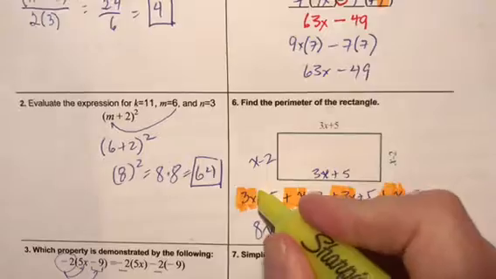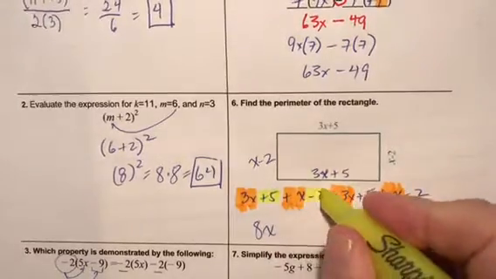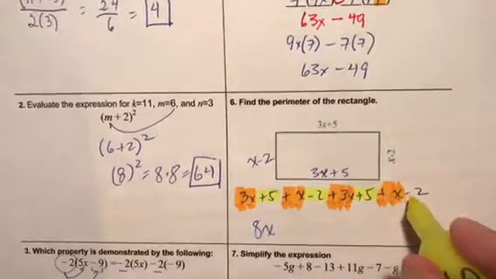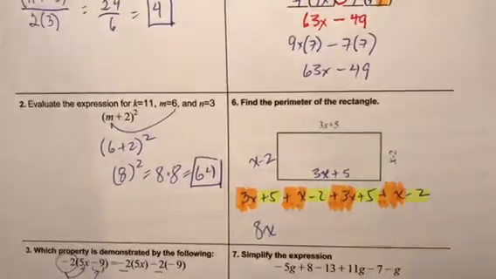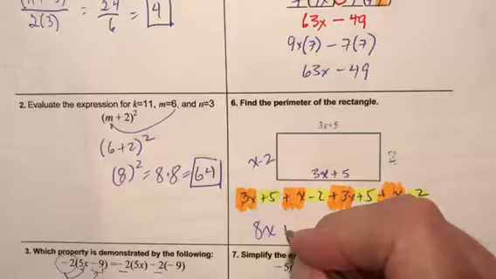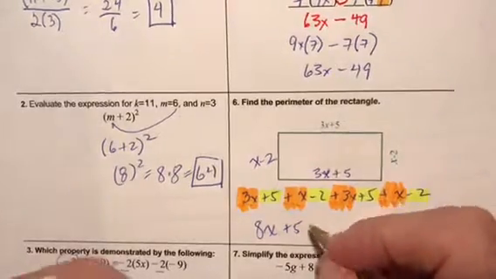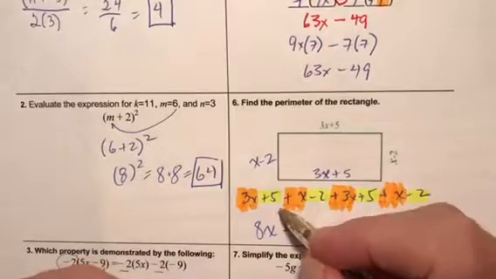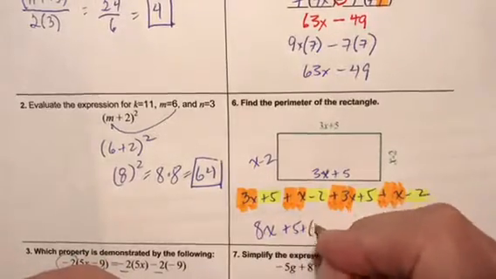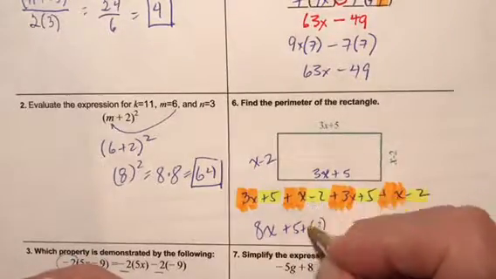I have a positive 5, a negative 2, positive 5, and a negative 2. So if I was to write those down, I'm going to have a plus 5, and then a plus a negative 2. So these two, it's a plus a negative 2, right? Because subtraction's adding opposites.